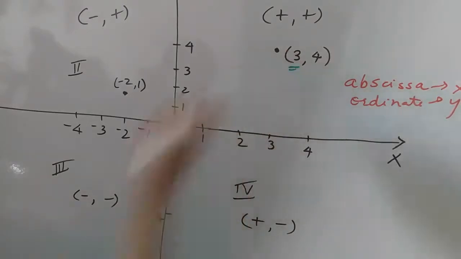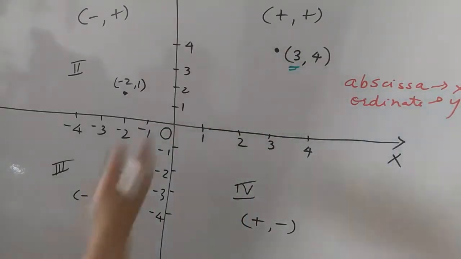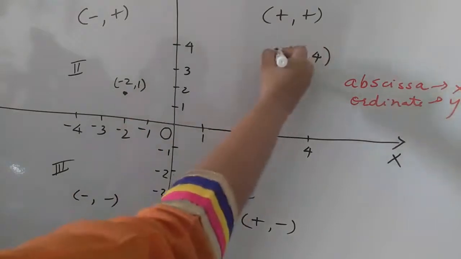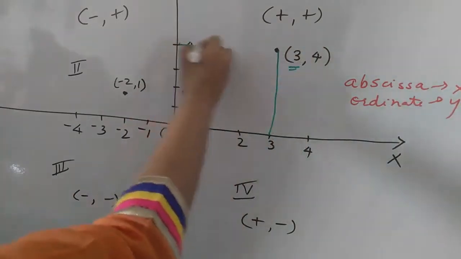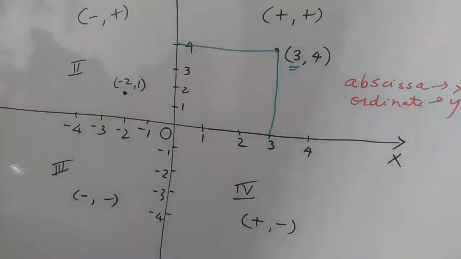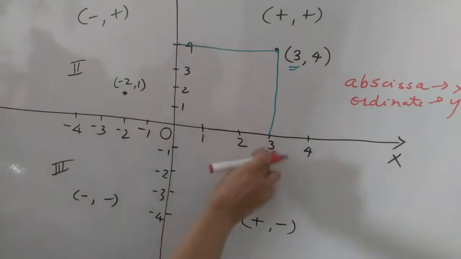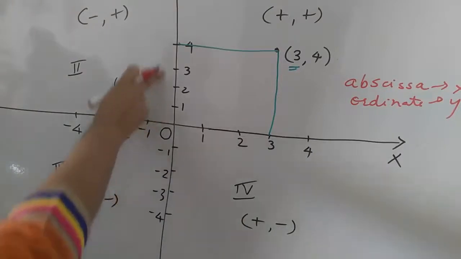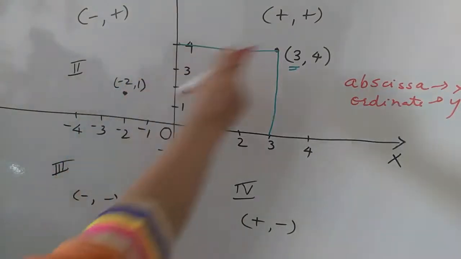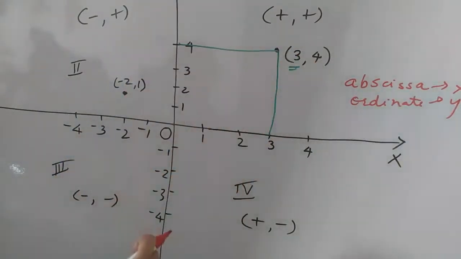So we write here x coordinate 3, and from y here, if I draw a rectangle this way, you can see this Cartesian coordinate system is rectangular. Why? Because it makes a rectangle here. Now you see that a 3 centimeter distance is covered on the x-axis, and on the y-axis a 4 centimeter distance is covered. So accordingly the point is (3, 4).